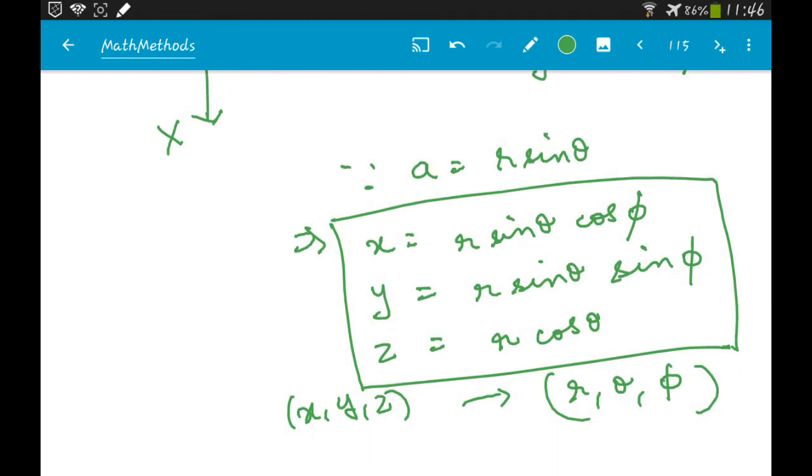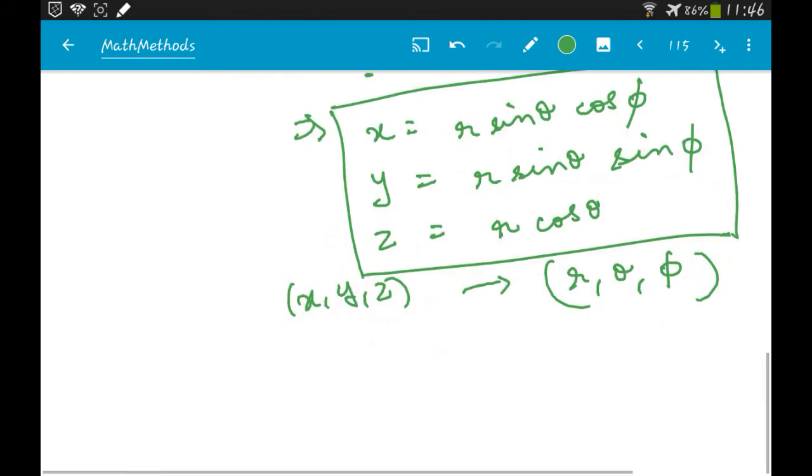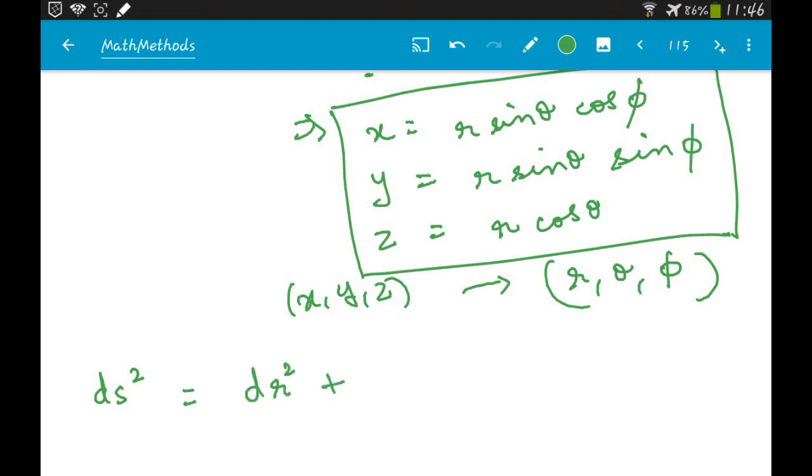So now let's try to find what the scale factors are, what ds is, what ds square is, and all of that. I'll just tell you that ds square is dr square plus r square d theta square plus r square sine square theta d phi square.